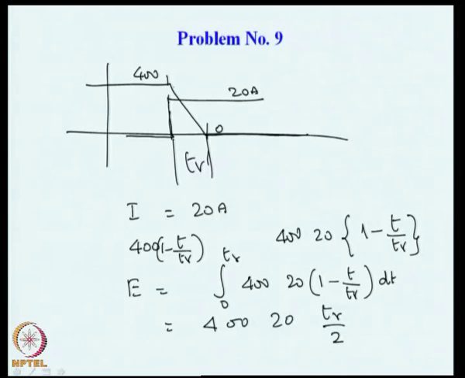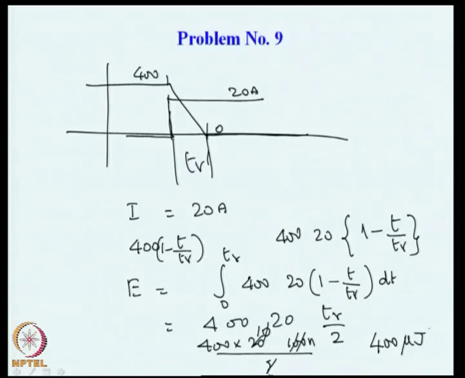Because the voltage is dropping linearly, you can say 400 by 2, constant current 20, and duration tr, and tr is 100 nanoseconds for our case. So, 400 into 20 into 100 nano divided by 2 becomes 400 microjoule.